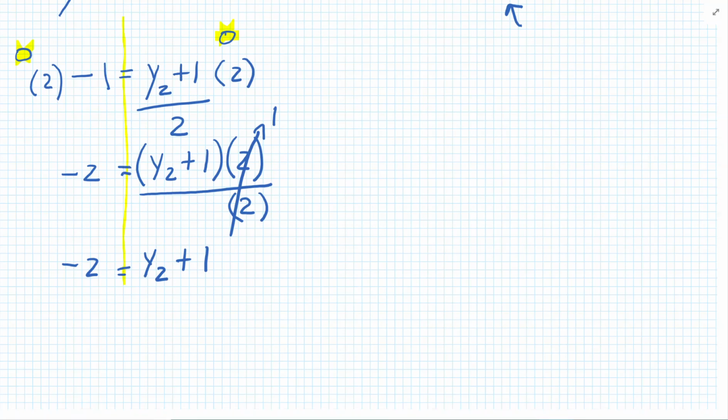Now, how do we get y sub 2 by itself? Well, we need to do the inverse operation of addition, which is subtraction. So we're going to subtract 1 on both sides of the equation. Just so you know what we're doing here, we're adding -1 to both sides.